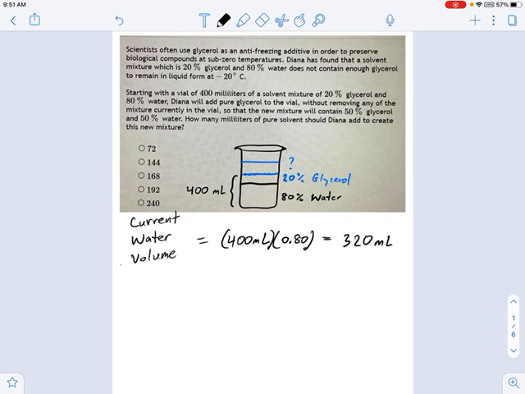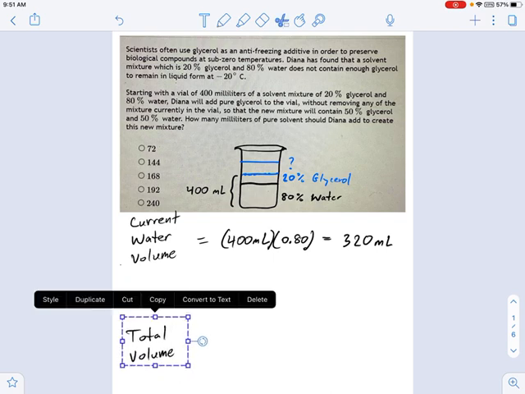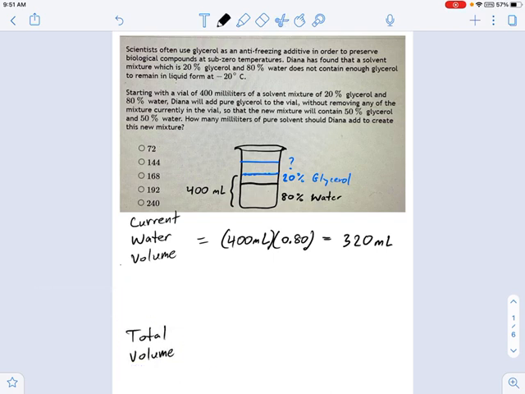And now I want that to be half the total. So the total volume, and let me emphasize, this is not the current total volume, but this is the desired total volume. This is how much volume I want total.